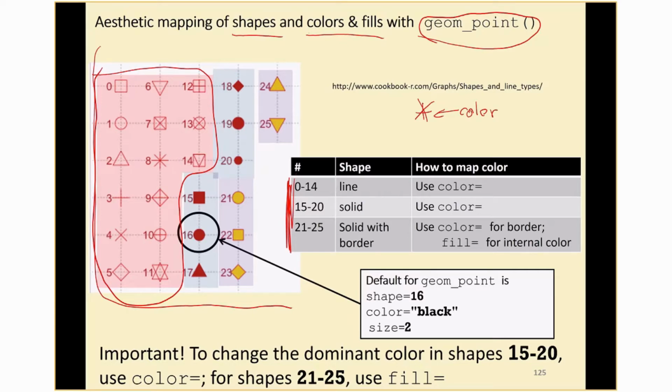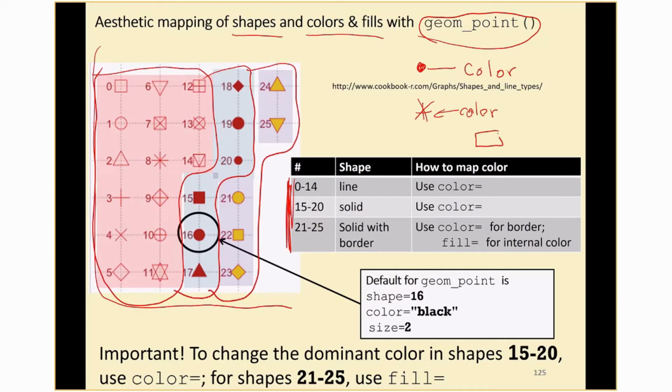And then you've got a bunch of solid shapes, 15 to 20, like that. So if you had a solid shape, you specify the color by the word color. And then you've got these guys here that have got a little square here, and it's got something on the inside of it.